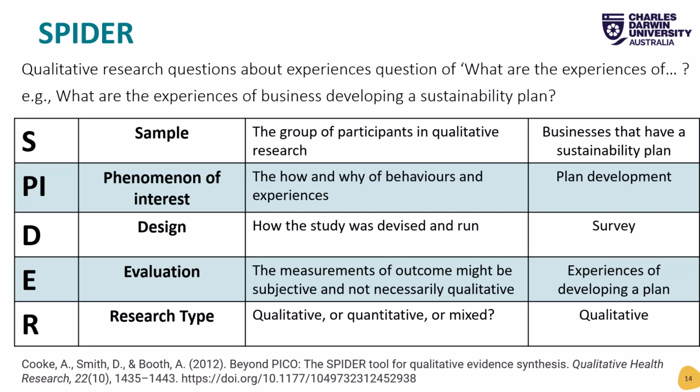E is for evaluation, so the measurement of the outcome, and it might be subjective, so not necessarily qualitative, it might be some quantitative in there. And research type, so they're going to be qualitative or quantitative, or mixed. So an example of a SPIDER question would be, what are the experiences of businesses developing a sustainability plan?